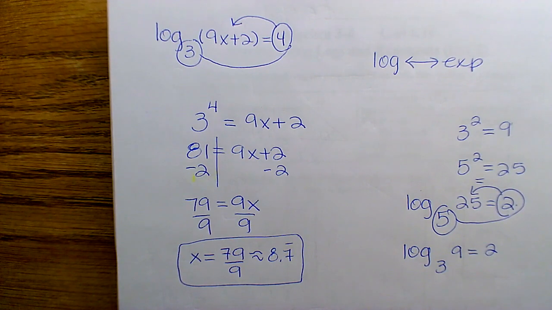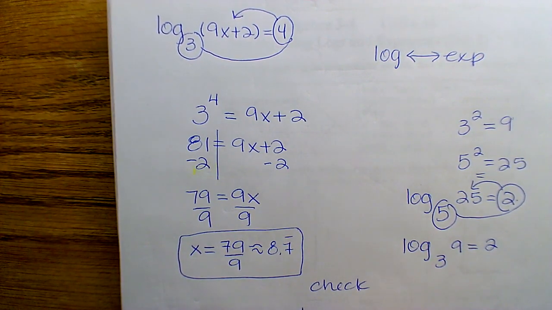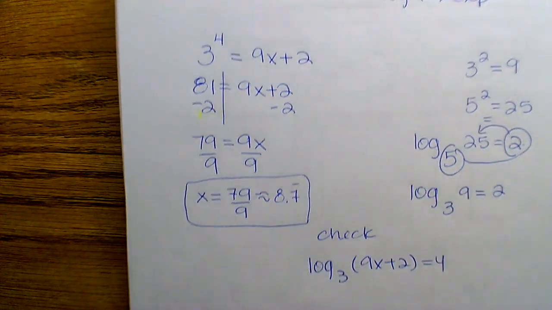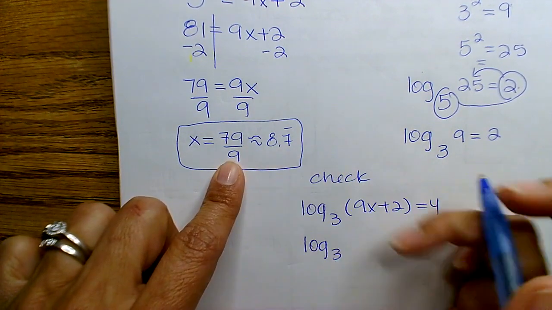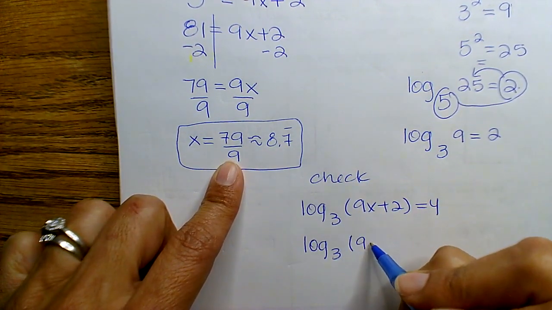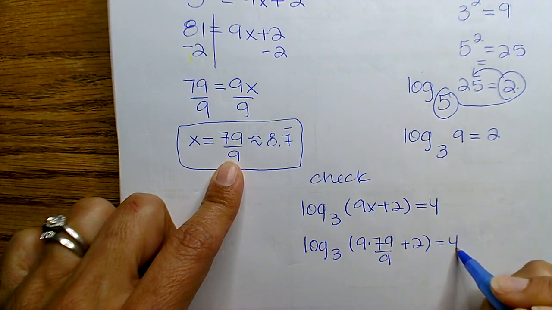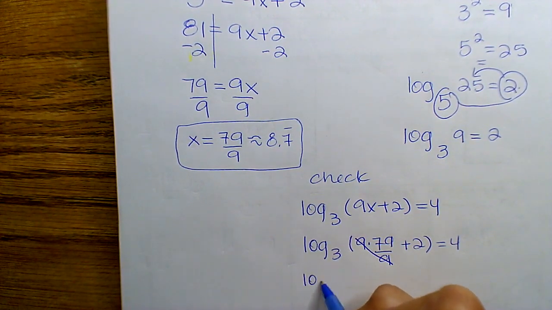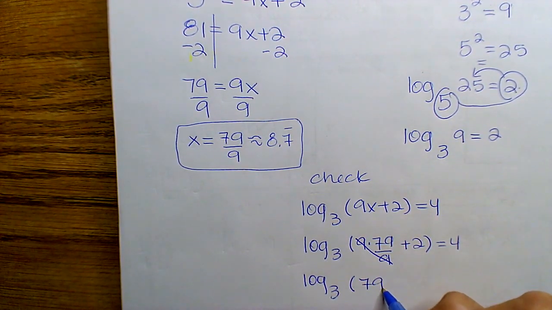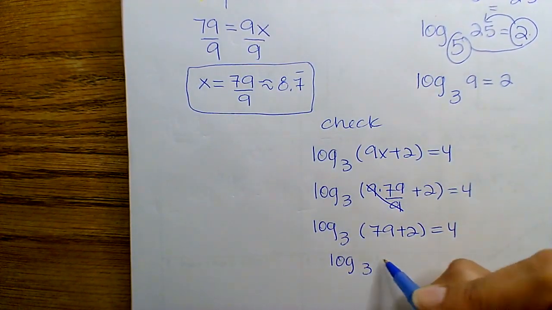If you were to check your work, if it's log base 3 of 9x plus 2 equals 4, substitute not the decimal, because that takes out your significant figures, for those of you taking chemistry. 9 divided by 9 is 1, so now I have 79 plus 2, that's 81.